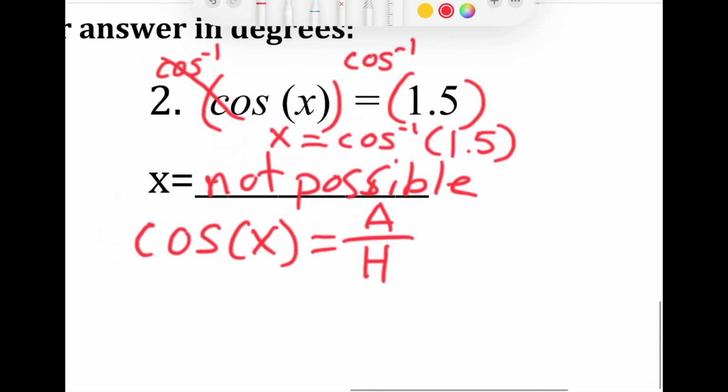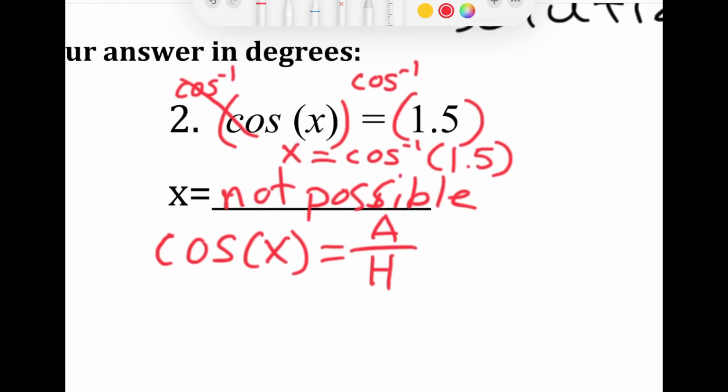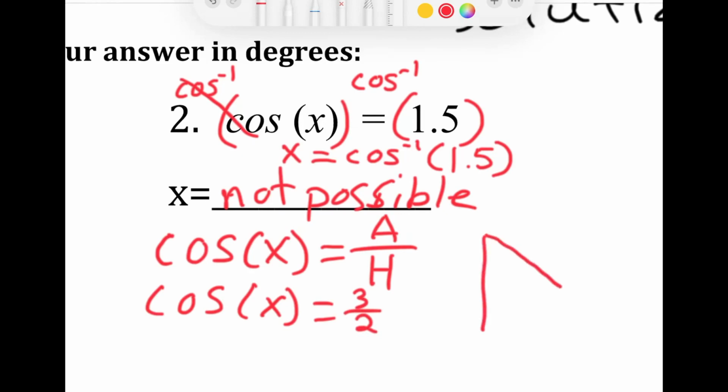So what this is telling us in this problem is that cosine of angle x equals, instead of 1.5, that is the same thing as saying 3 over 2. So that means in the triangle, if we put x up here, our adjacent is 3 and our hypotenuse is 2.